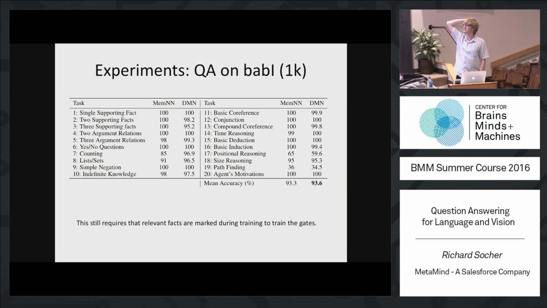So this is the bAbI 1K data set from Facebook and all these different tasks. So pathfinding, I think, is like, actually, I'll just show you some examples.